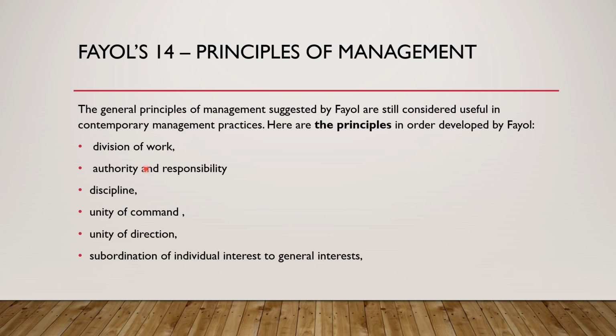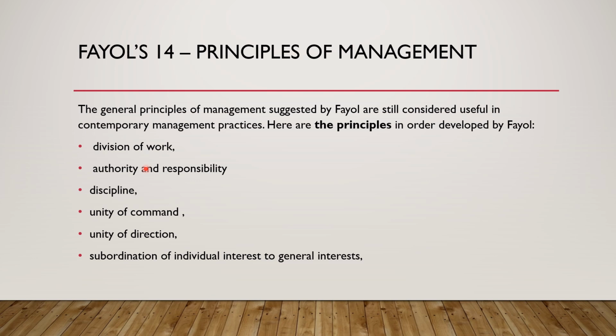Then we come to the second one, authority and responsibility. According to this principle, authority and responsibility should go hand in hand. It means that when a particular individual is given a particular work and he is made responsible for the results, this can be possible only when he is given sufficient authority to discharge his responsibility.